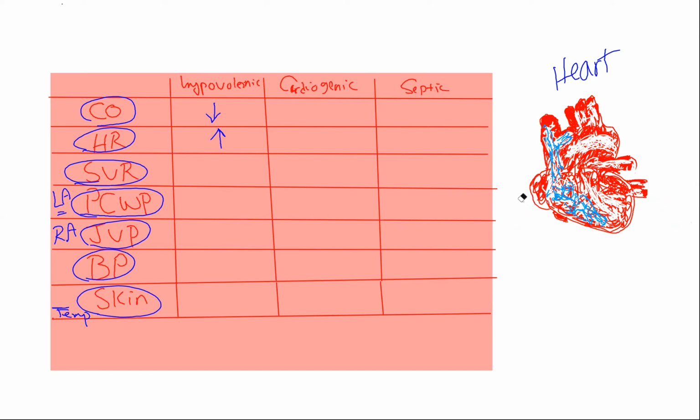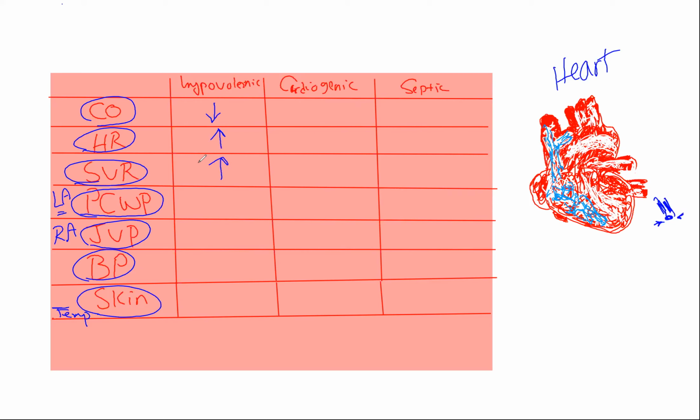Okay. So we have the blood vessel state in hypovolemic shock. The systemic vascular resistance will be reflex vasoconstriction of the vessels. The vessels will vasoconstrict to compensate for this hypovolemic shock. So the systemic vascular resistance will be reflexly high.